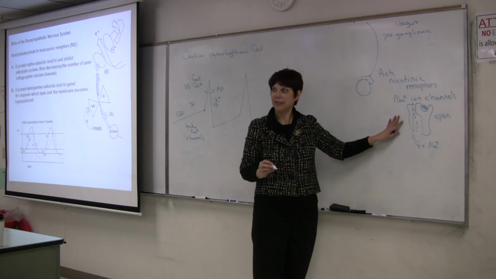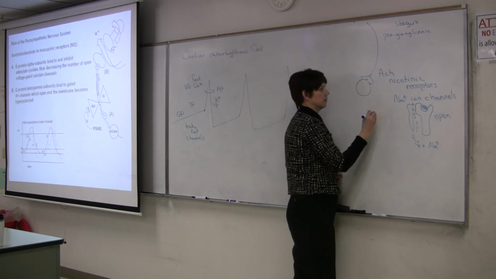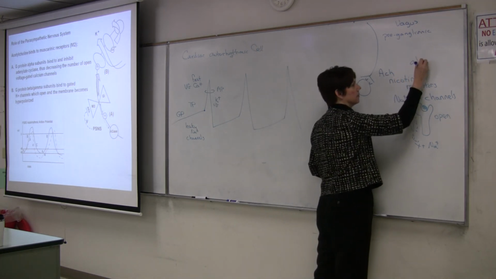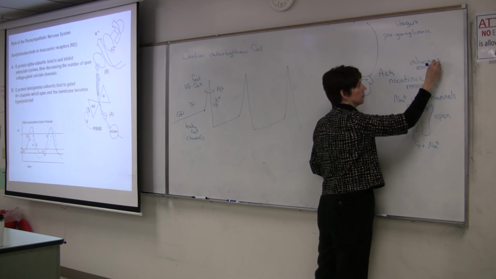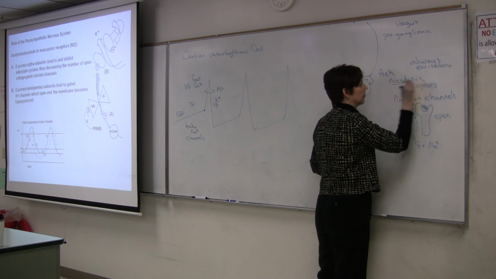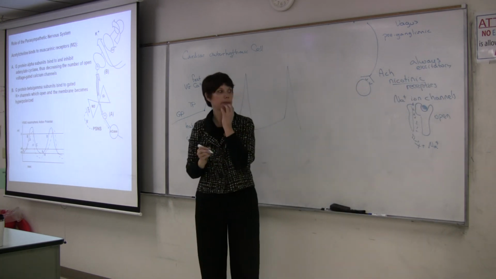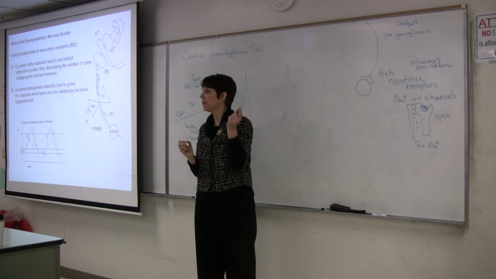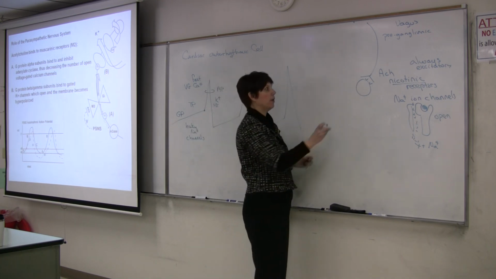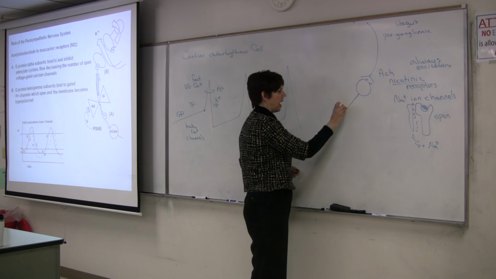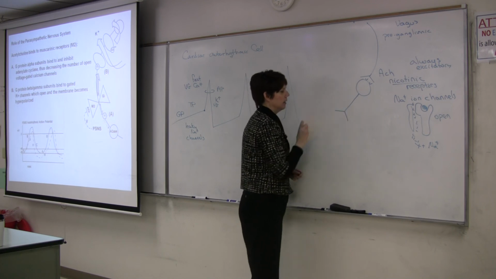They're always excitatory. Sometimes they're called ionotropic because they're ion channels. They directly open. All right, this is our postganglionic neuron. It's inside the cardiac muscle tissue.